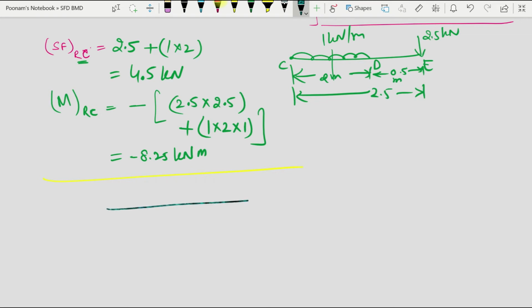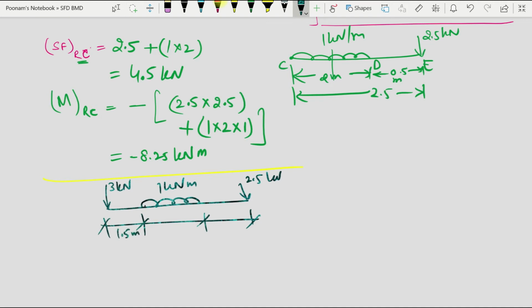This is my point B, subjected to 3 kilonewton point load, and then I have the 2.5 kilonewton load, and 1 kilonewton per meter, with distances 1.5 meter, 2 meter, 0.5 meter. So B, C, D and E.